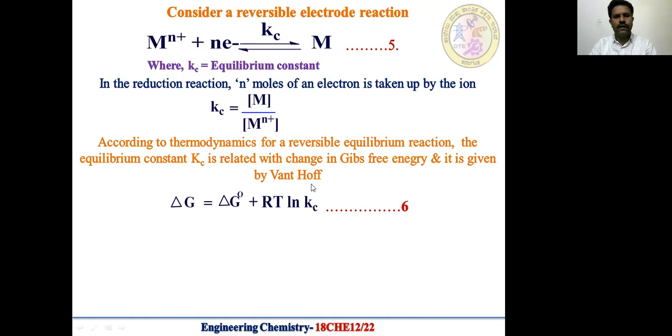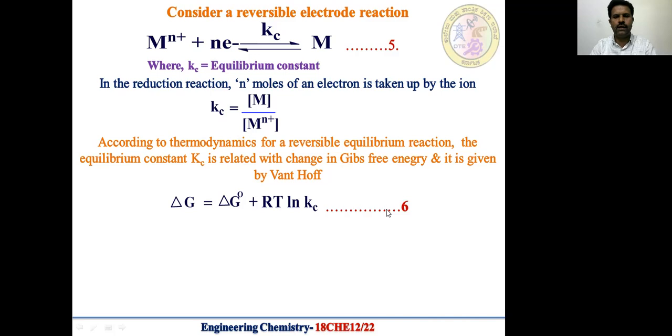Van 't Hoff gave the relation between the change in Gibbs free energy and the equilibrium constant Kc. That is delta G is equal to delta G naught plus RT ln Kc.